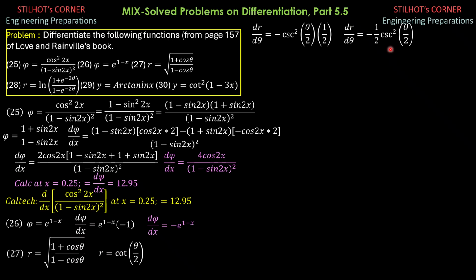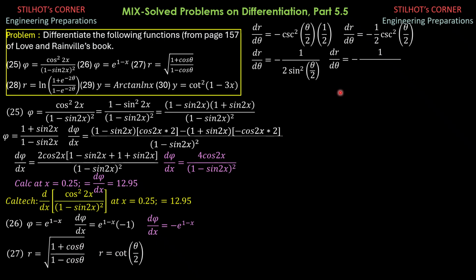Although this is an acceptable answer, I need to simplify this further. Negative 1 over 2 sine square of theta over 2. These 2 sine square theta over 2, as an identity, is 1 minus cosine theta.